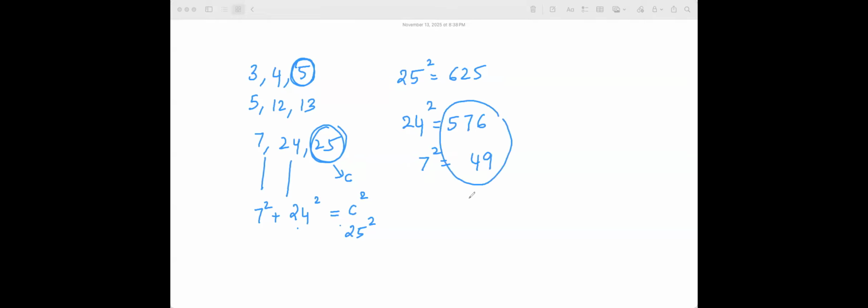When you add these two, you get 625. So the squares of the legs are 24 squared and 7 squared. The sum of the squares of the legs will be equal to the longest side, the hypotenuse, squared. Make sense? Yeah. So those are common Pythagorean triplets.